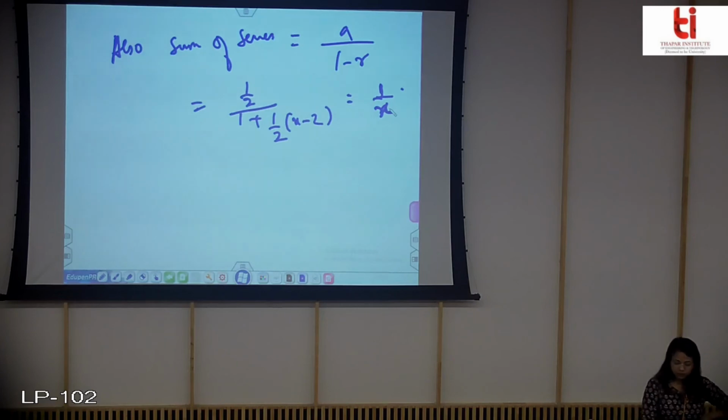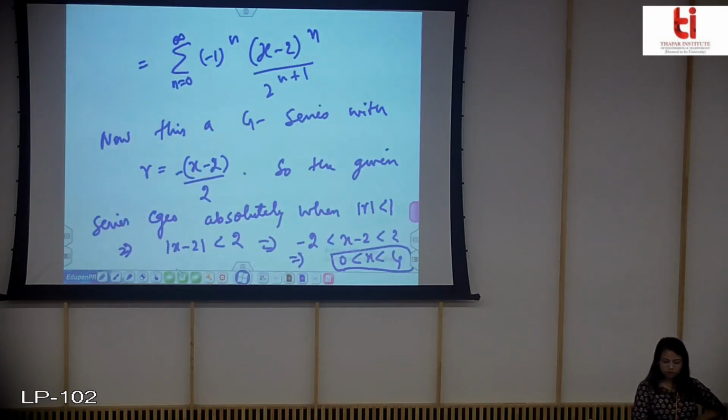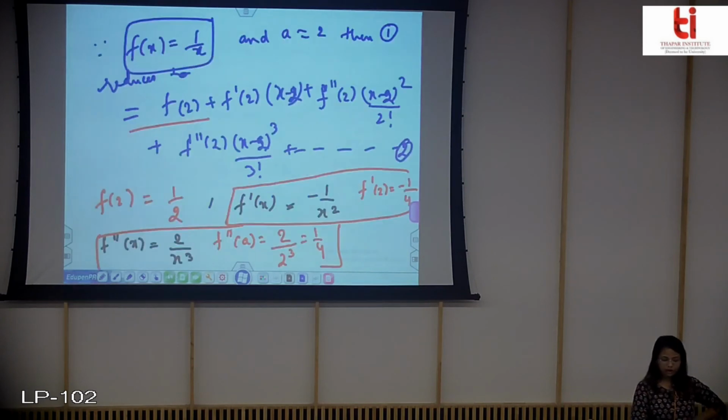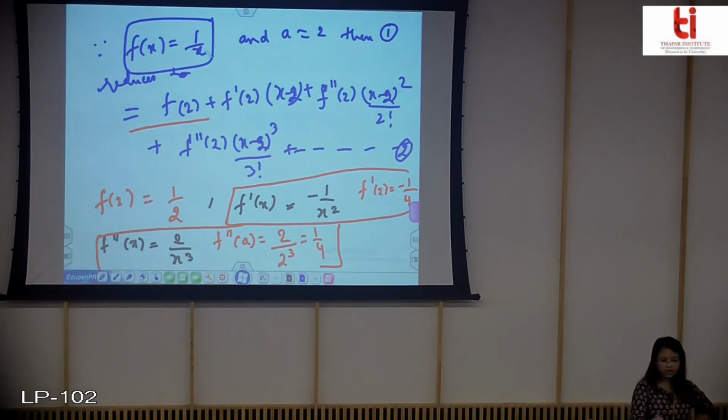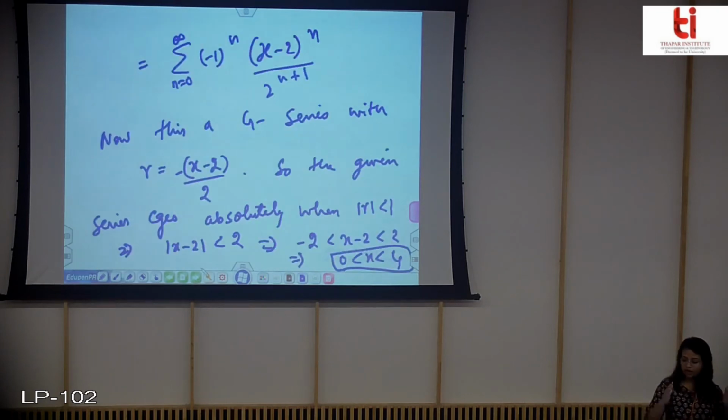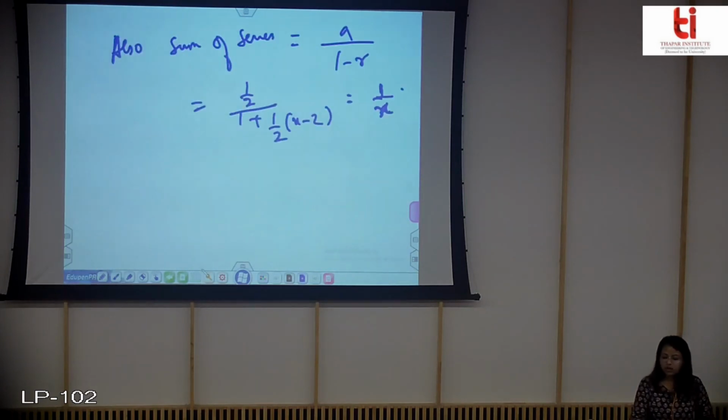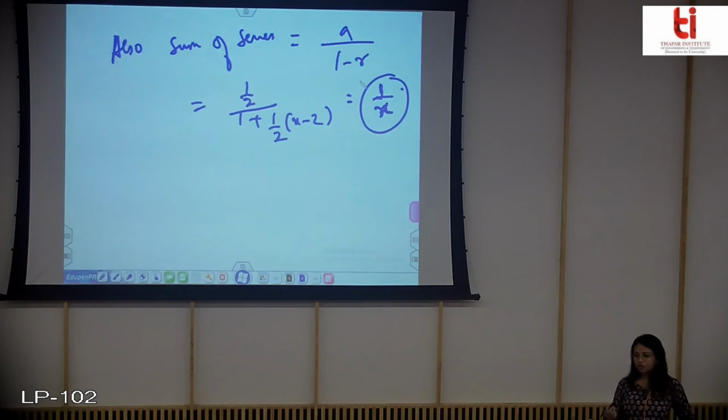Like if I want to find the value of the function at x is equal to 2, you will put x is equal to 2, and this also shows that whatever your approximation is, it is also converging to this formula.